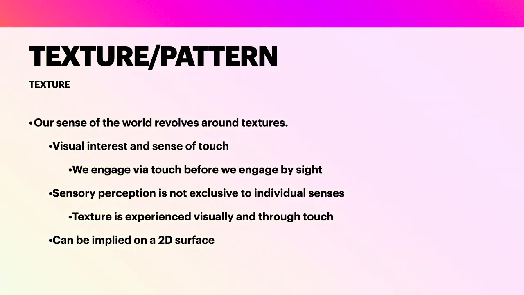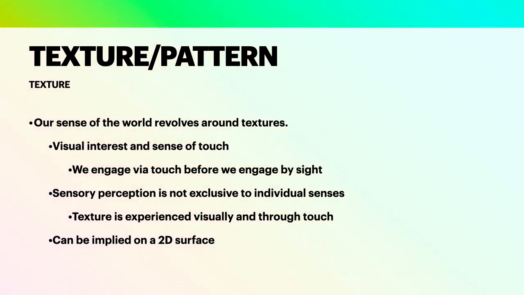So texture and pattern does provide an impact within a spectrum that contains both visual interest and the sense of touch. So from the food that we eat to the clothing that we wear, texture is experienced and understood both visually and through touch. So it can be conveyed through a tactile description.